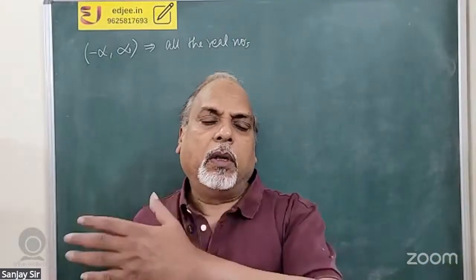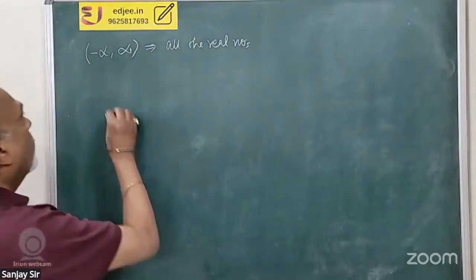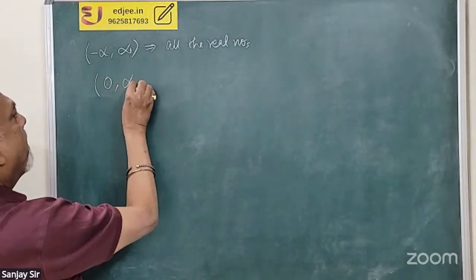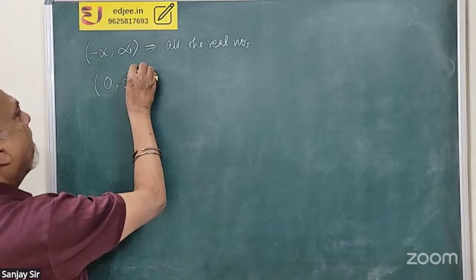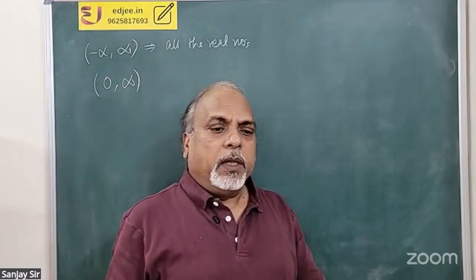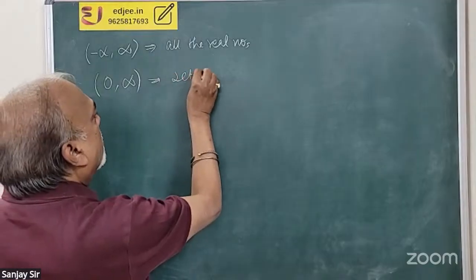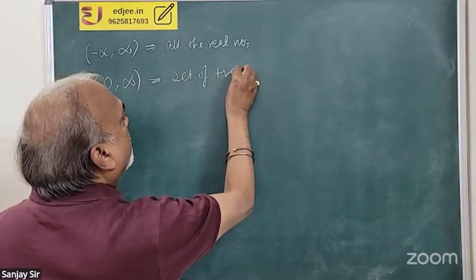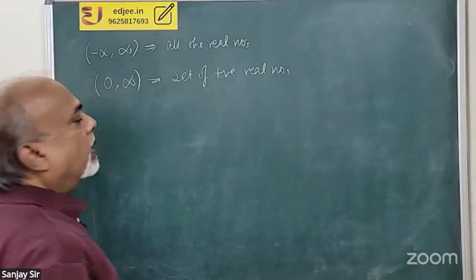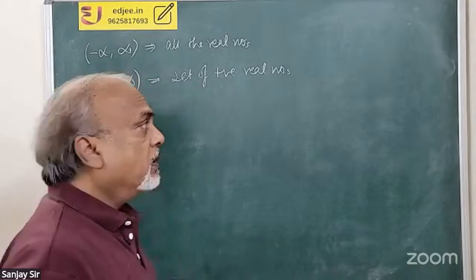The whole number line. Correct? What is this? This defines set of positive real numbers. Correct. What about this?